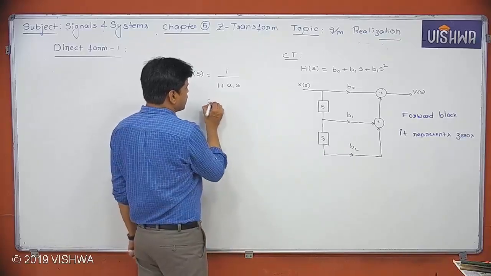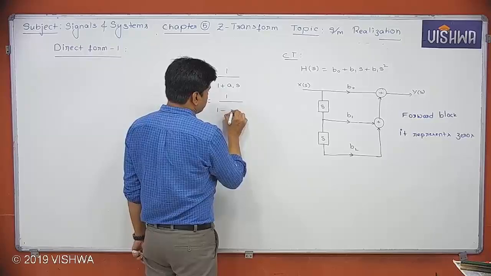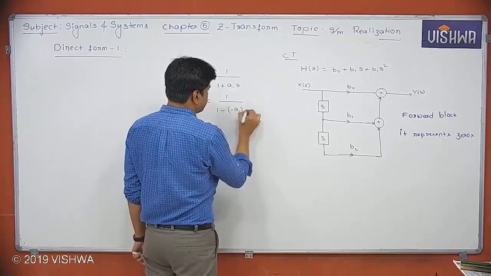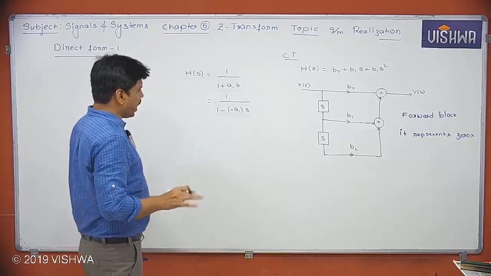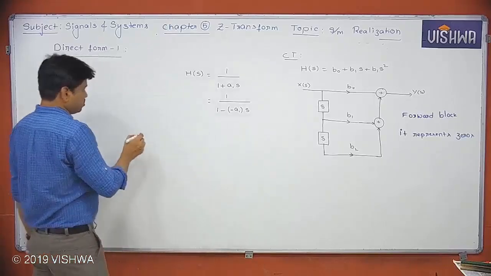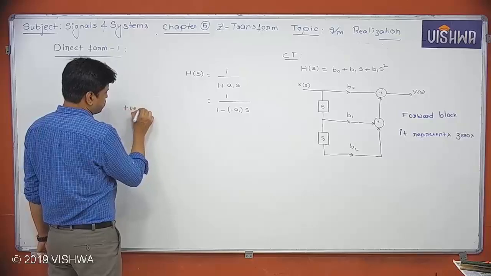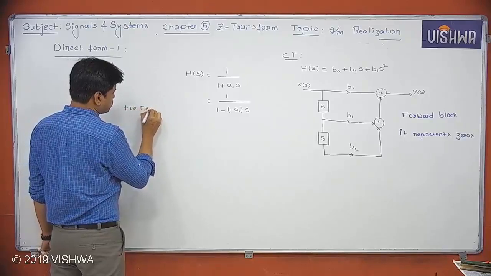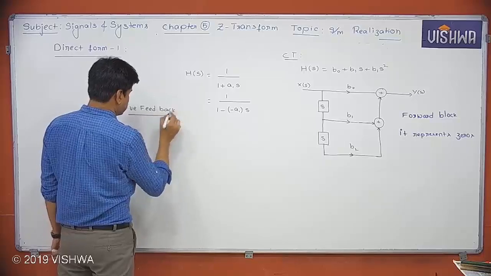This can be written as 1 by 1 minus a1 s, with a negative sign. See why I have written this. Let's say you might have positive feedback. What is a positive feedback system?